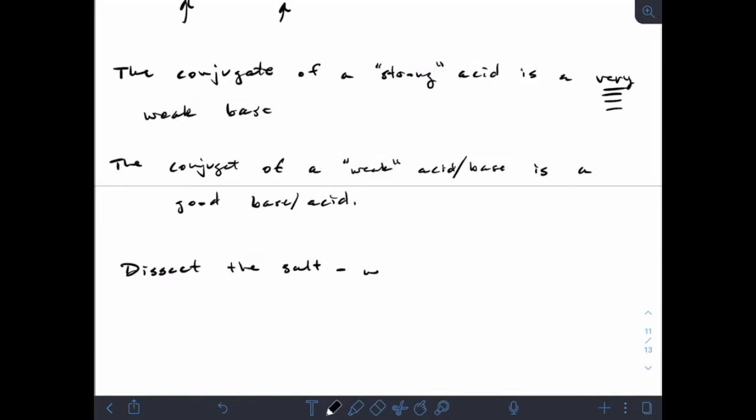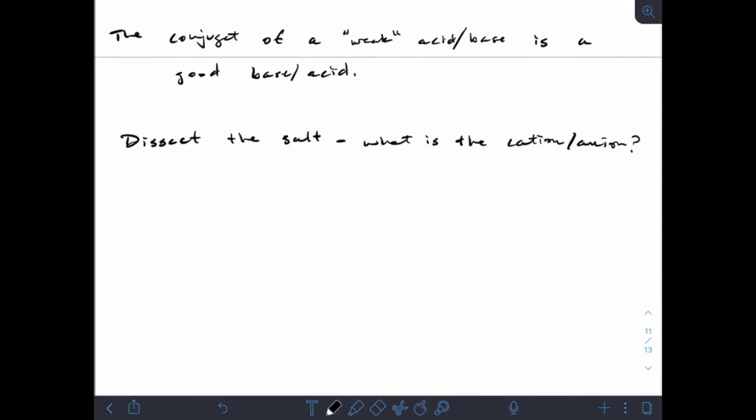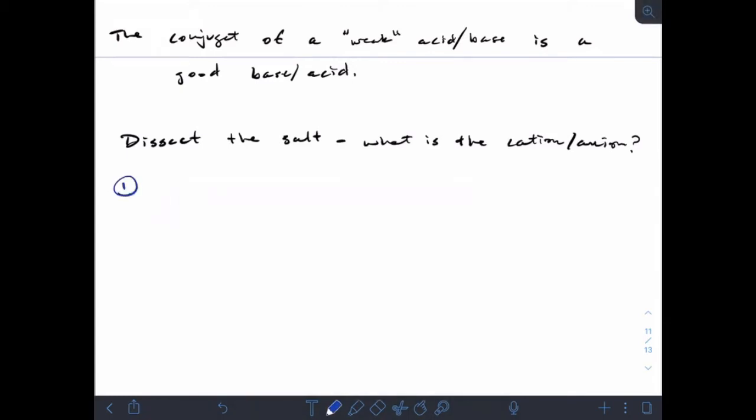What is the anion and what is the cation? Okay, so here are your rules. Here's how you can assess the effect of salt on pH. Number 1, cations of group 1 and some of group 2 have no effect on pH.